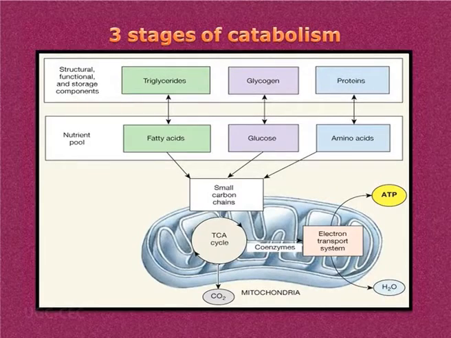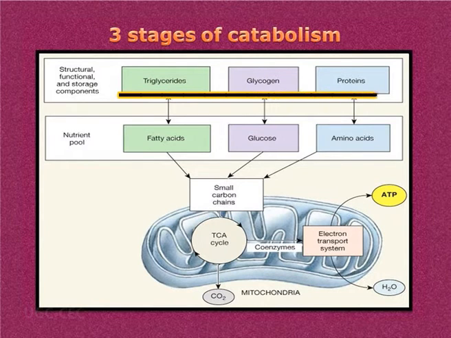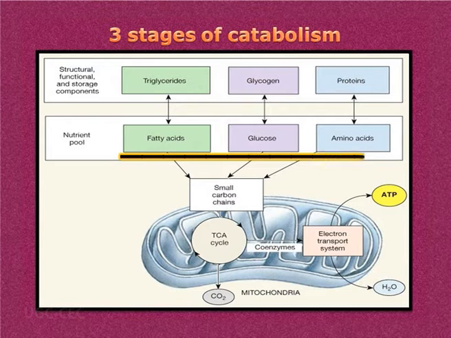Now what is catabolism? Catabolism means fuels are degraded into simpler units and it proceeds through three stages. Now here in the diagram we can see the three stages of catabolism. The triglycerides, glycogen and proteins are first broken down into simpler units like fatty acids, glucose, amino acids.